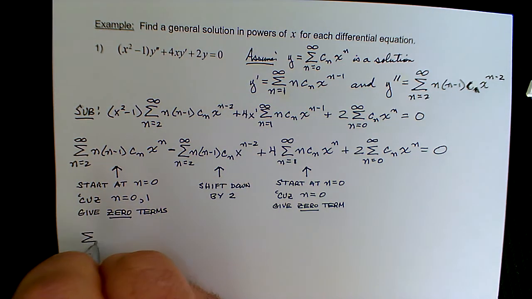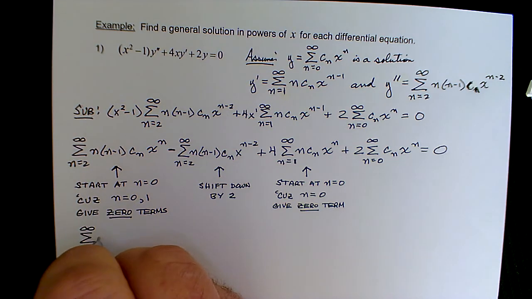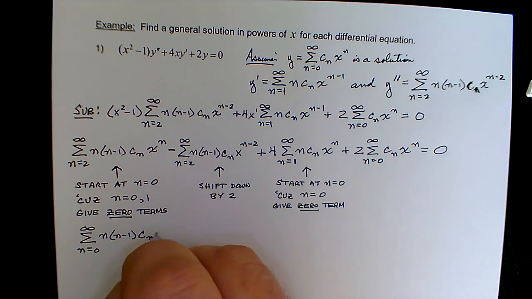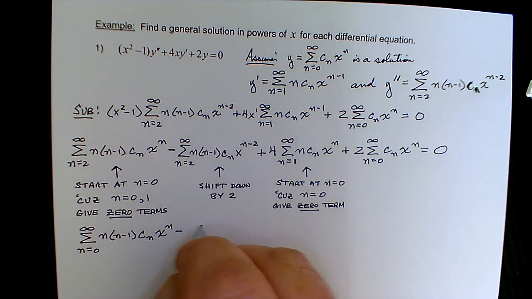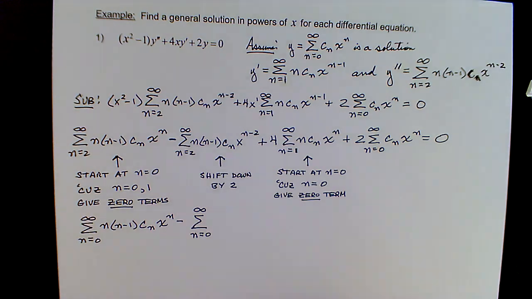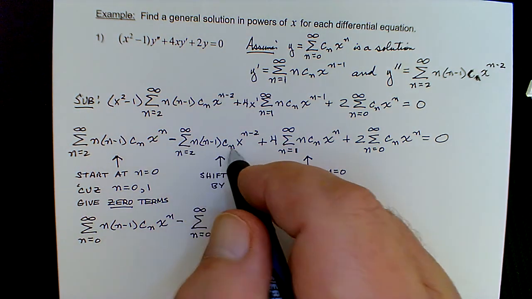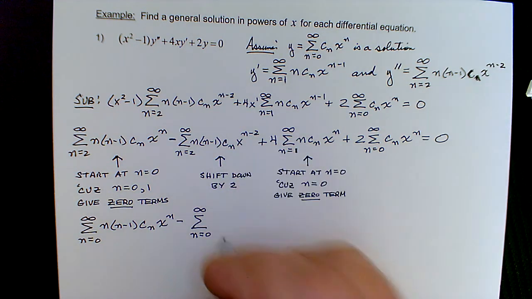So this one we could just change to 0 to infinity, and everything else stays the same. And then minus 1 c sub n x to the n. Minus here, we're going to shift down by 2 units. Started at 0 to infinity, but if we're doing a shift down, then if we decrease the index by 2, every value of n in the defining equation of the nth term gets increased by 2.